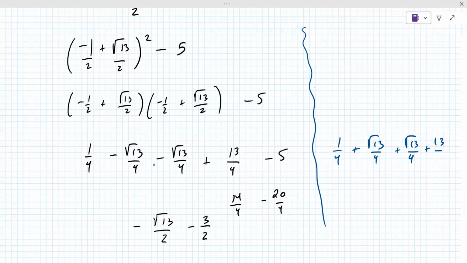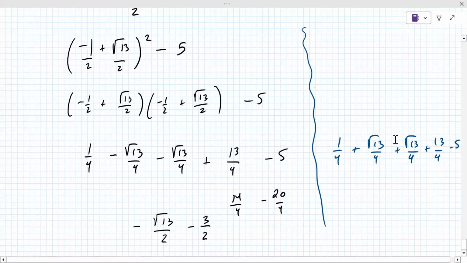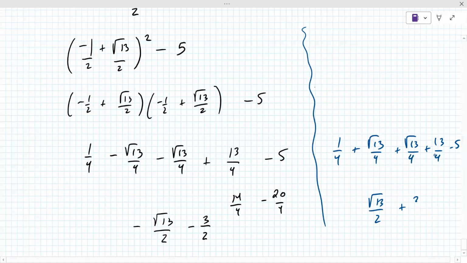This one's still 13 over 4 minus 5. So you end up getting the same thing over here, but it's square root of 13 over 2 plus, sorry, minus 3/2. Like that. And if you really want to check that, you can go in and work that out.